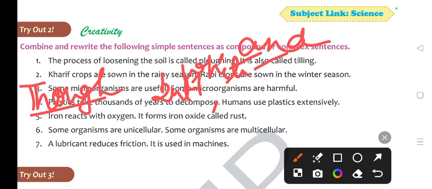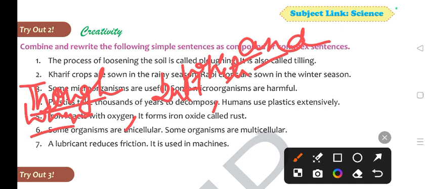Understood? When iron reacts with oxygen, it forms iron oxide and called rust. तो यहाँ पे सिर्फ कॉमा लगेगा. Next, some मिटा दीजिए.